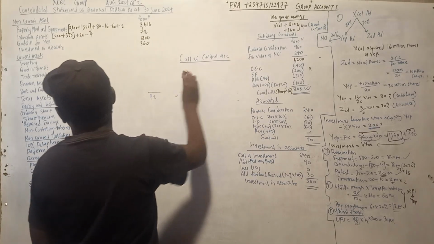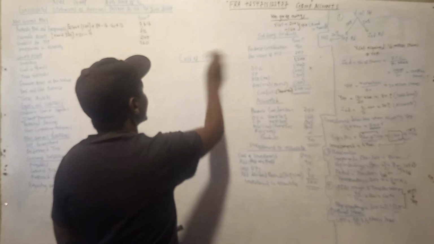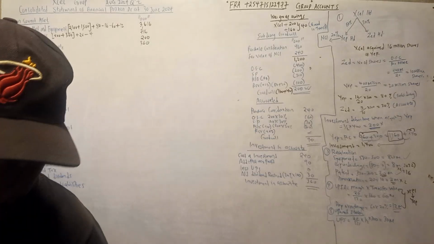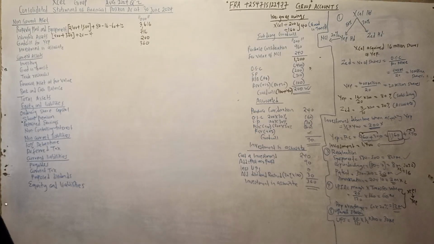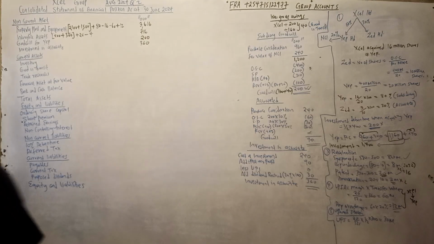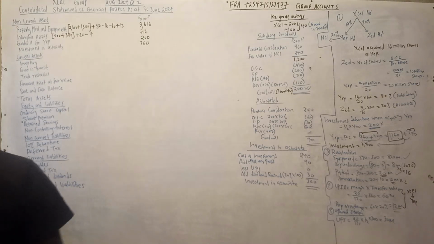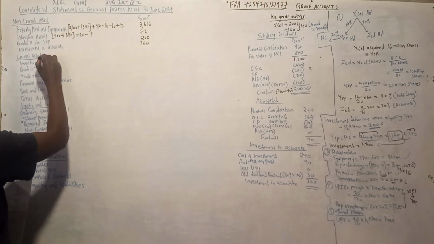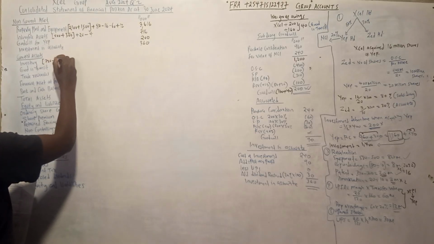The next item is inventory. So we take the parent and the subsidiary, 700 plus 600.